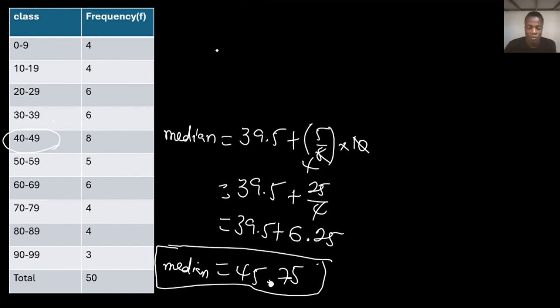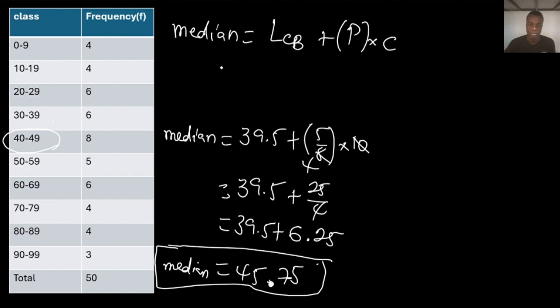So let me quickly go over how to find the median. We do the same thing as if you are finding the mode. We find the lower class boundary plus a proportion multiplied by the class size, and the proportion is half of the frequency, which leads you to the median, minus the sum of all frequencies of the lower classes, divided by the frequency of the median class.